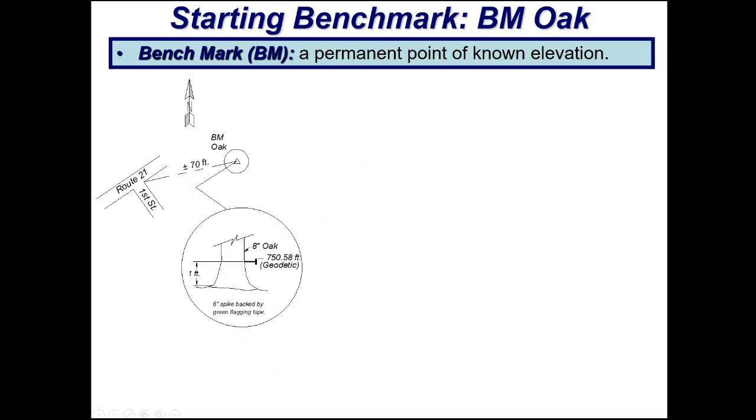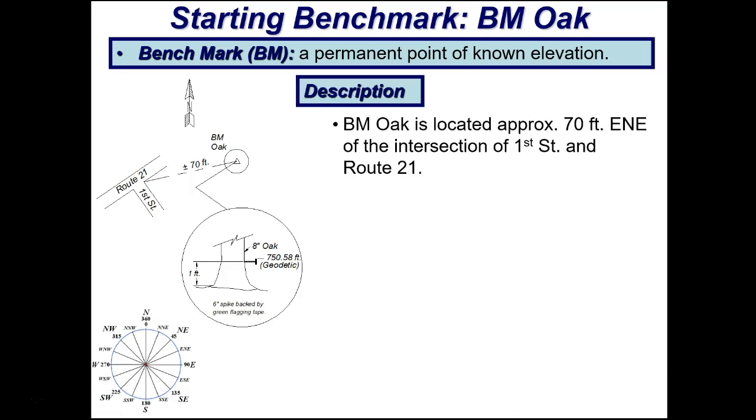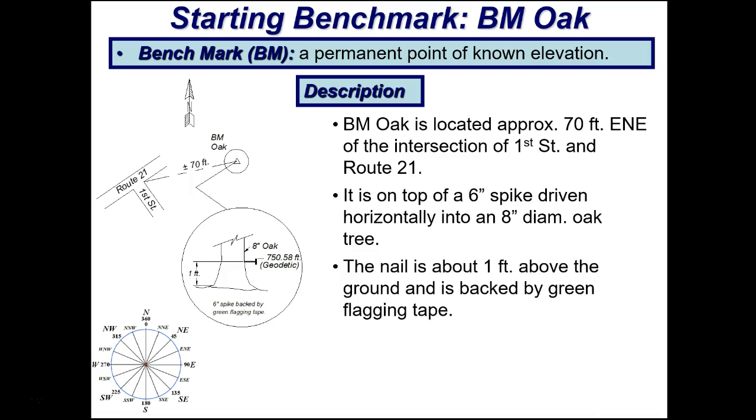Right in here you can see the approximate size, where that elevation is, how far off the ground that elevation is, a good description of that known benchmark. There's our compass rose. So we have some verbal description there so that if somebody needed to go out and find that oak tree, hopefully they could use these descriptions and figure out where it was that we started.